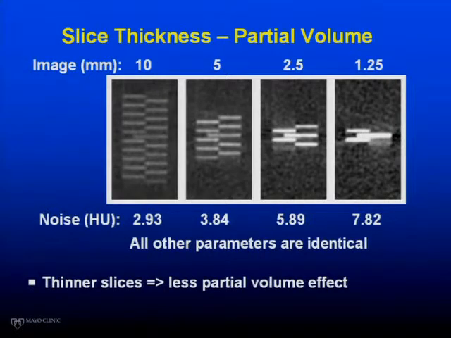This is because of the partial volume averaging along the Z direction. And with the decrease of the slice thickness, fewer lines can be seen in one image, and each line appears much brighter, because of the less volume averaging along the Z direction.